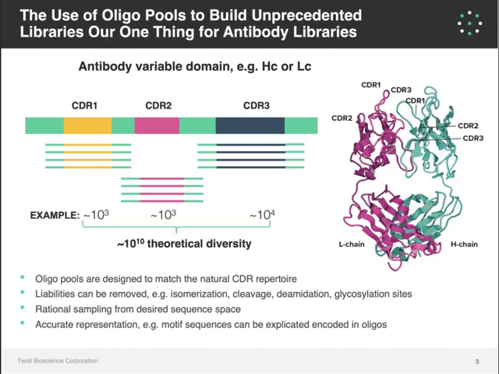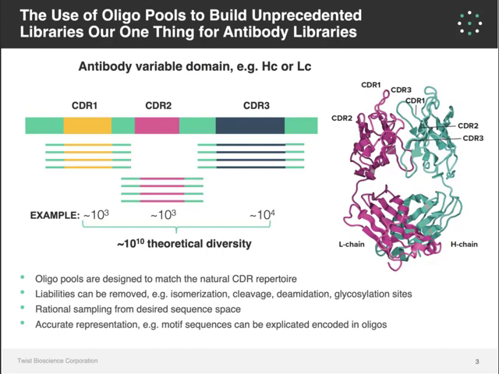So the resulting antibodies that come out of the library look a lot like you would find in any human antibody derived from a person. I also can remove sequences up front from the synthesis that might lead to issues with isomerization, cleavage, deamidation, or glycosylation, for example.